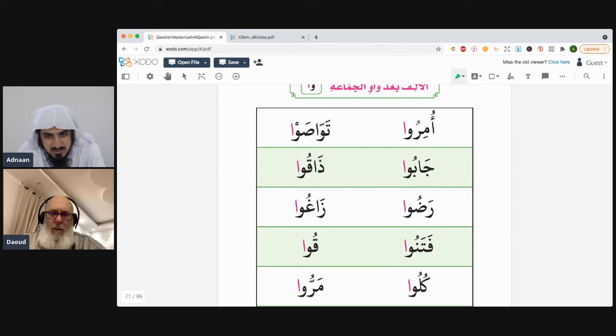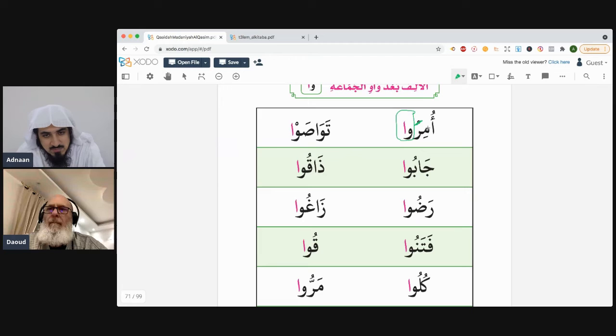Can you see it? Here without this waw and alif, if you just say umira, this basically the first three letters, you're talking about one person.